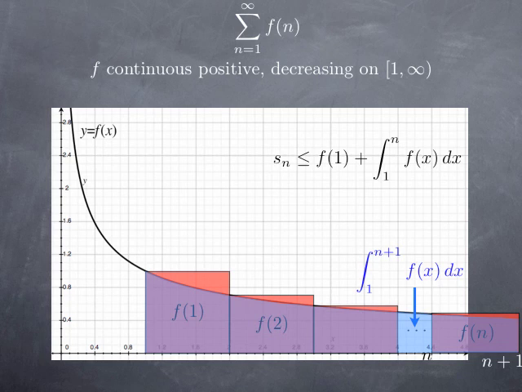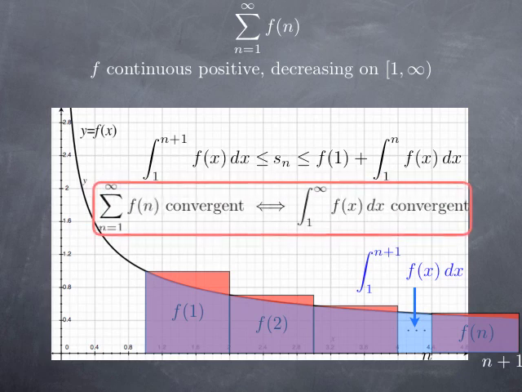And now this blue area is less than the sum of the areas of the rectangles. In other words, what we have is that the integral from 1 to n plus 1 of the function is less than or equal to the nth partial sum. But now that means that if the integral from 1 to infinity of f is divergent, then Sn has to be divergent, because we get Sn is greater or equal to something going to infinity when n goes to infinity.